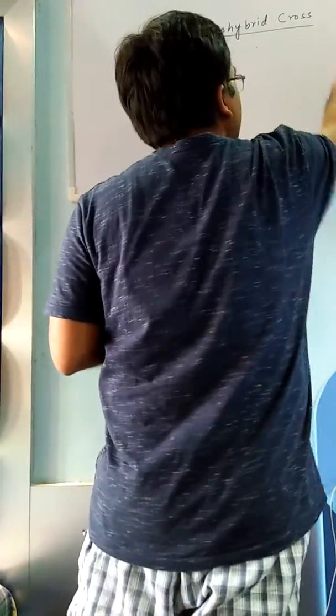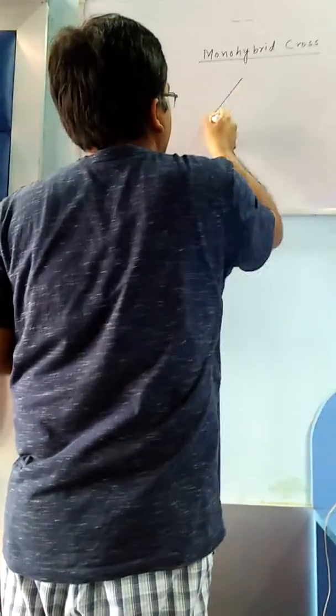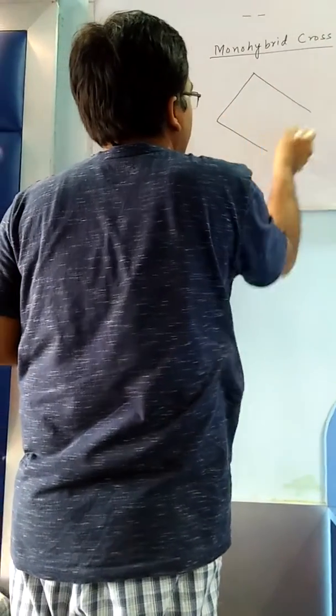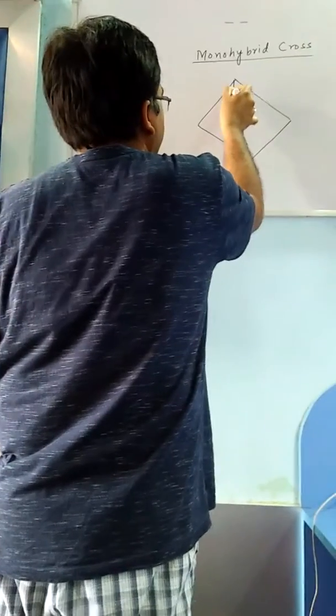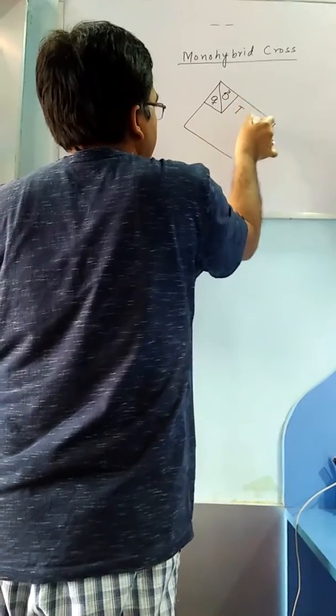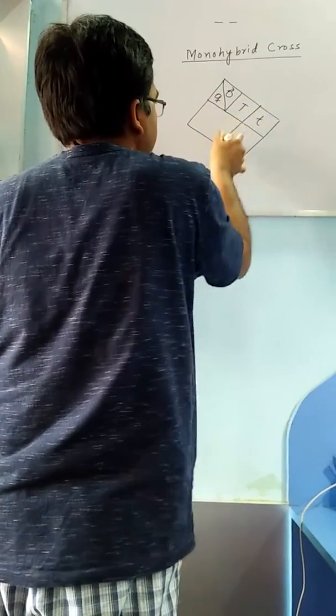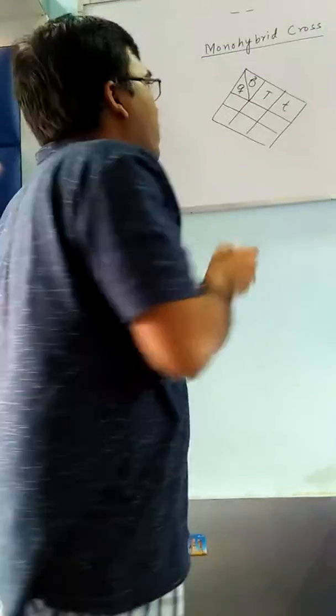Just see, this is very, very interesting. Here you can see the F2 generation, and this square is called a Punnett square. Here it is male, here it is female, and you can see capital T, small t, where capital T represents the allele for tallness, whereas small t represents the allele for dwarfness.